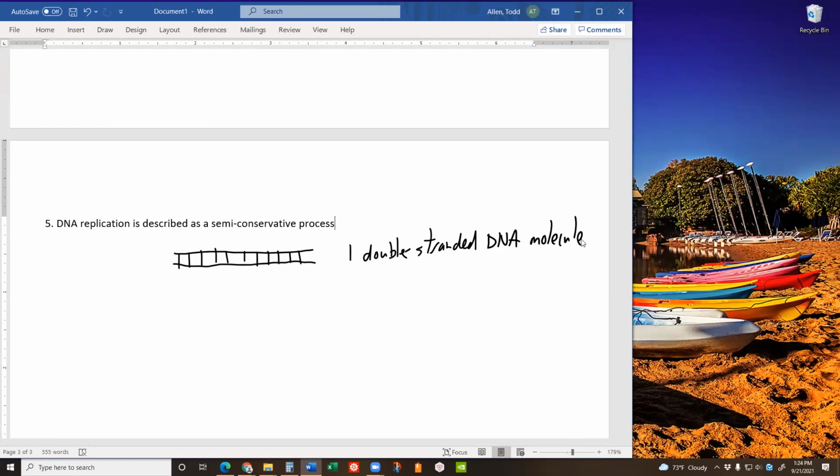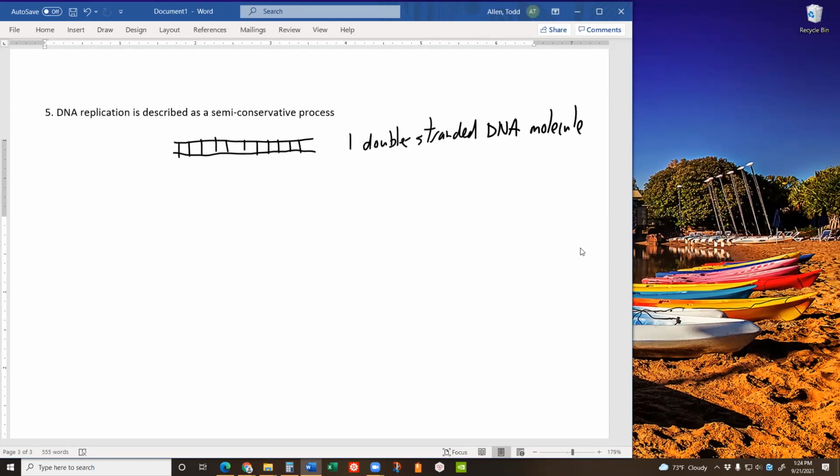Then what it means is this. When the cell performs all the chemical gymnastics that it needs to perform in order to copy this 1 double-stranded molecule, you're going to end up with 2 double-stranded molecules of DNA that are going to look like this. The arrows are showing what's happening.